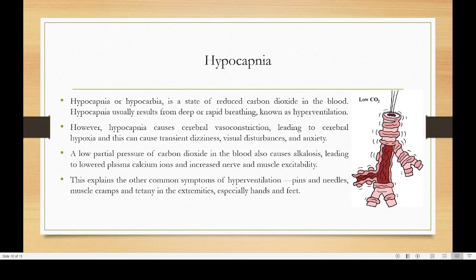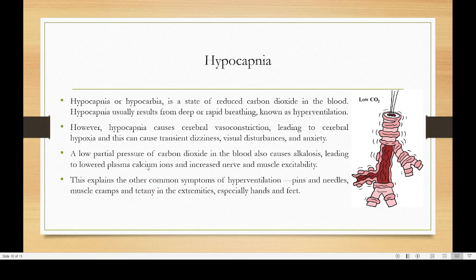A low partial pressure of carbon dioxide in the blood can cause alkalosis. Alkalosis means the alkaline nature of your blood will be increasing, or your pH will be increasing, say from 7 to 8 or 8 to 9. That situation is known as alkalosis, leading to lowered plasma calcium ions and increased nerve and muscle excitability.